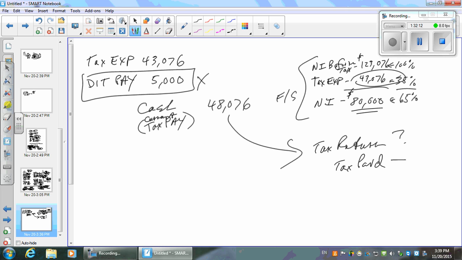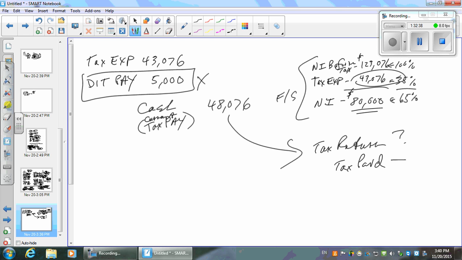What this means is you've reversed some of your timing differences on that deferred income tax. And later we'll work with deferred income tax a lot. It'll drive you crazy trying to keep it straight. What's that caused by? Modified accelerated cost recovery system for depreciation mostly. Could be other timing differences too. Either you recognize the revenue on the tax return sooner or later than on the financial statements, or you recognize expense sooner or later on the tax return than on the financial statements.